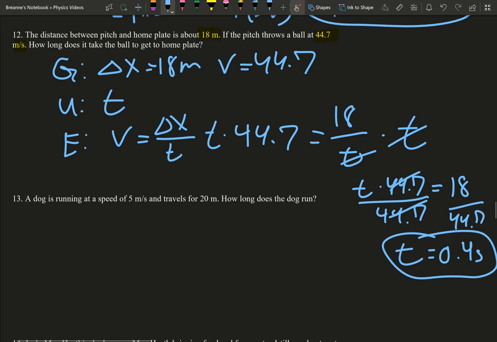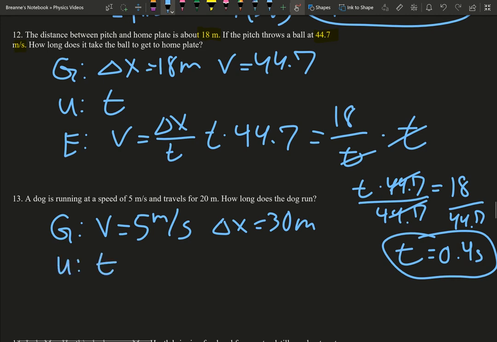A dog is running at a speed of 5 meters per second and travels 20 meters. How long does it take? So again, we have our givens. Speed is 5 meters per second. Our displacement is 20 meters. Our unknown is time. So our equation is the exact same equation.